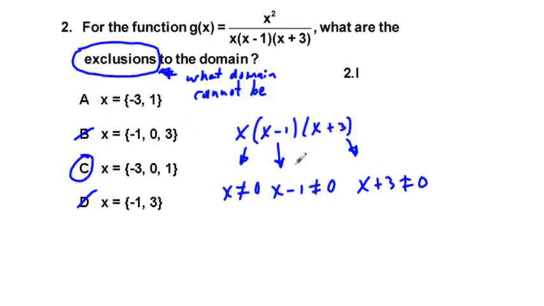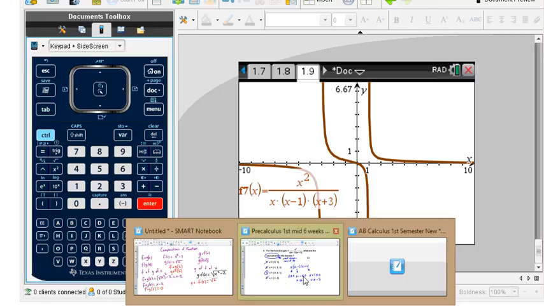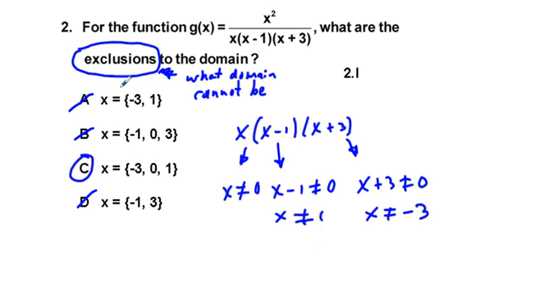So C is going to be our correct answer. Adding 1, x cannot equal 1. Subtracting 3, x cannot equal negative 3. That's our answer. If you just looked at the graph itself, you would have seen these two vertical asymptotes right here at x equals negative 3 and x equals 1, and you would have been tempted to pick answer choice A. Be careful about that.